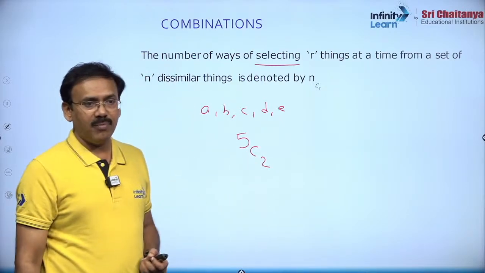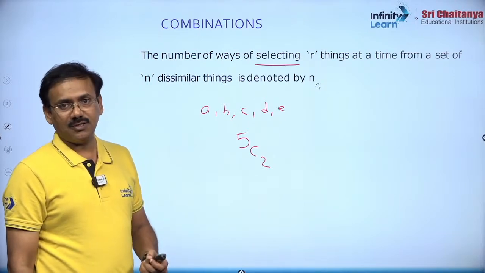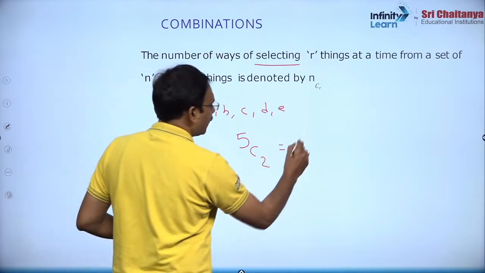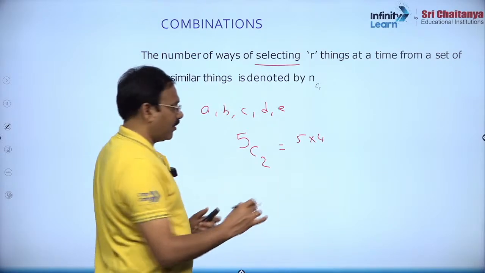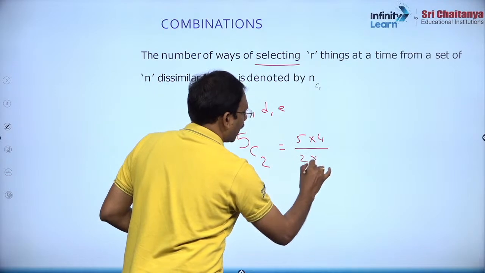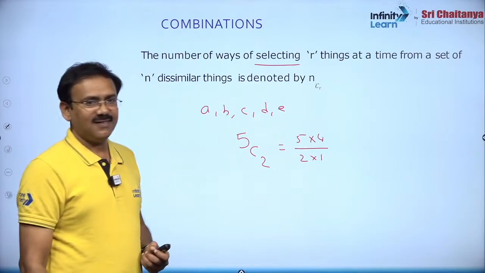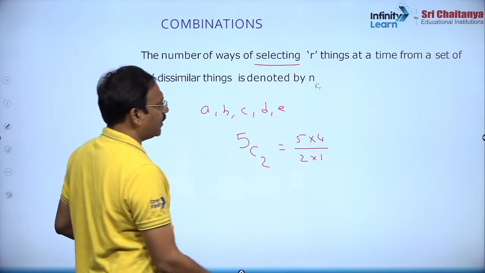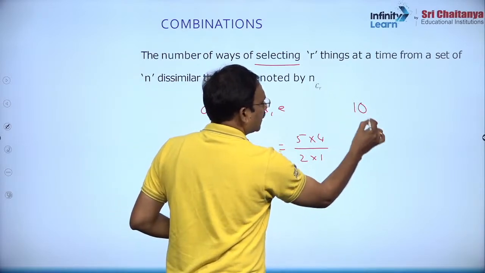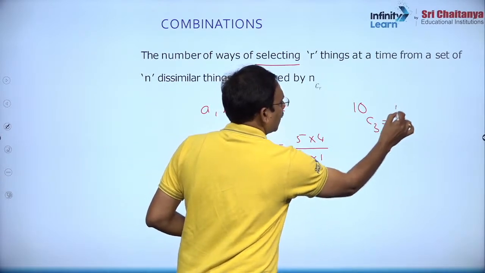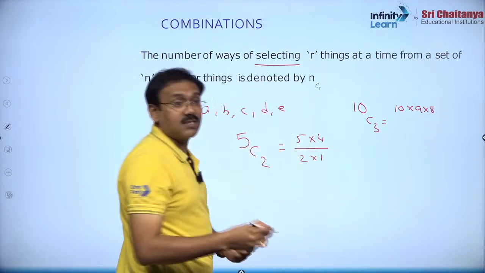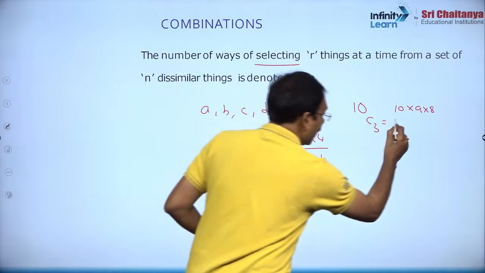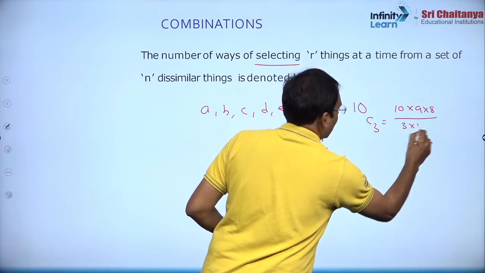C stands for combination, number of selections. The answer would be 5 into 4, which is 5P2, the number of arrangements, divided by 2 factorial. That's it. For example, you want to compute 10C3. Starting with 10, you multiply 3 numbers going backward, which is 10P3 by 3 factorial.